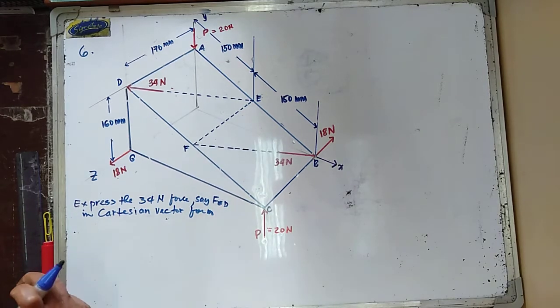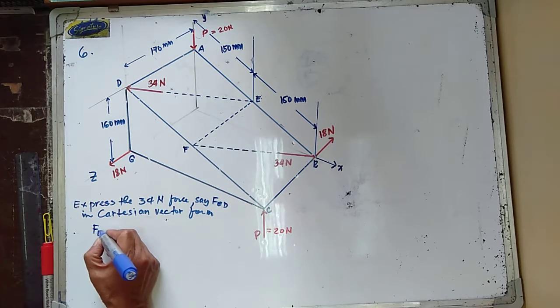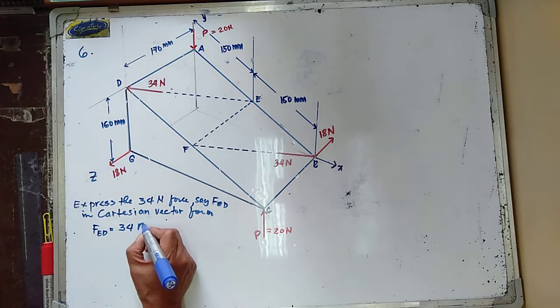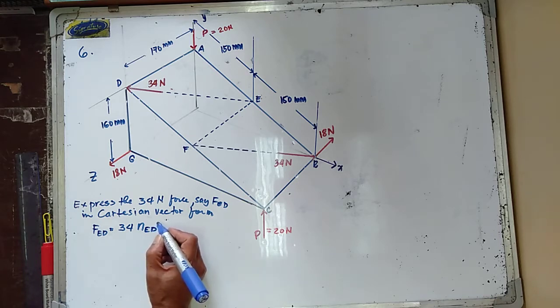In Cartesian vector form, your FED is now equal to 34 multiplied by a unit vector ED.